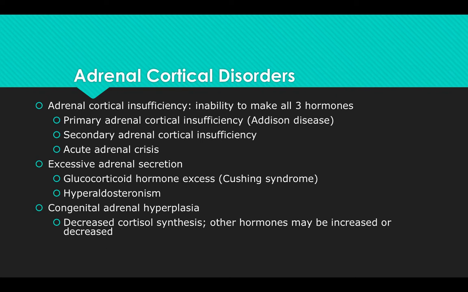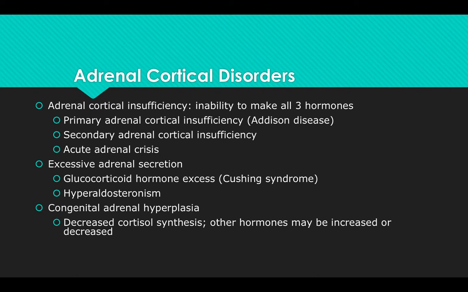In adrenal cortical insufficiency, it means there is an inability to make all three of the hormones. If this is a primary reason, we call this Addison's disease. It can also be due to a secondary adrenal cortical insufficiency caused by another disease process or medications, or it can take place as part of acute adrenal crisis.